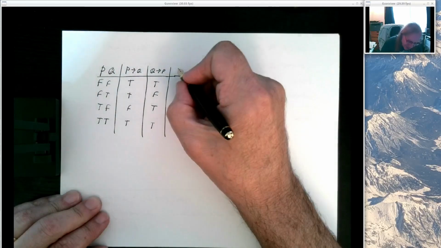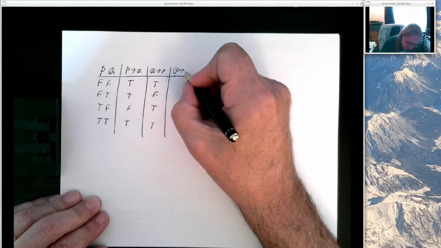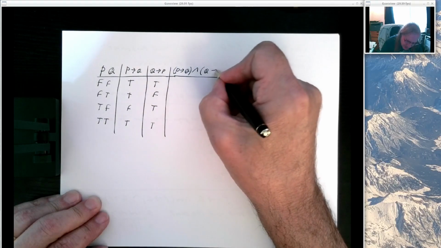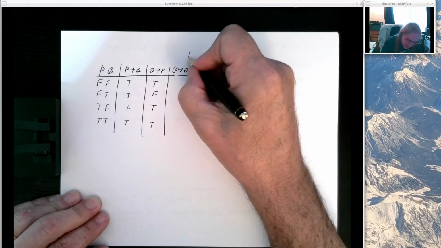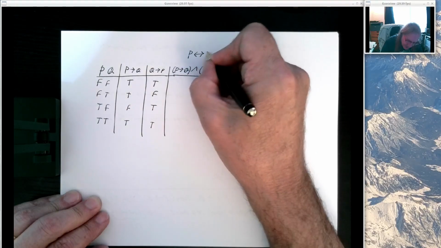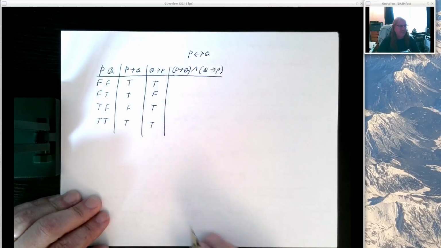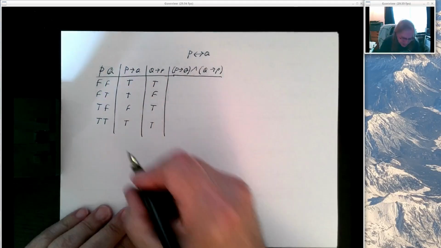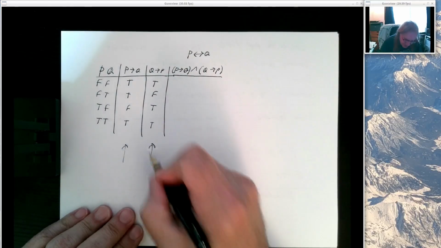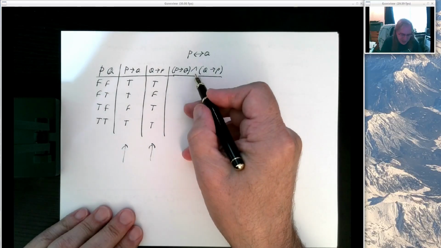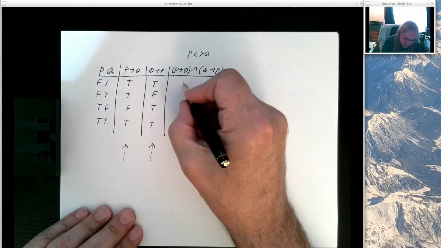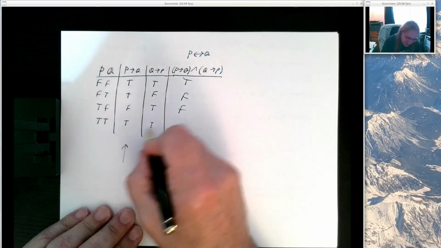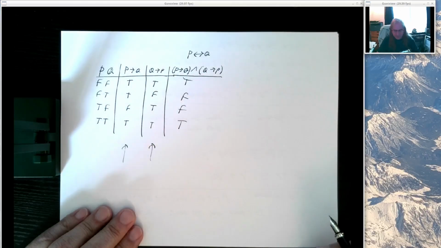So now I'm going to write a column for the following compound proposition: P implies Q and Q implies P, which is the long-handed way of writing P if and only if Q. And to do this, all I need to do is look at this column and look at this column and take the conjunction, take the and. So true and true is true, true and false is false, false and true is false, true and true is true.